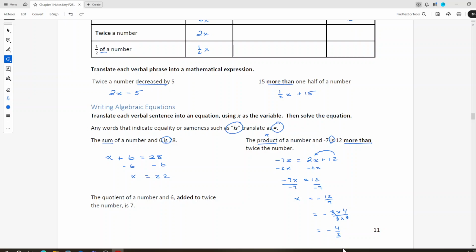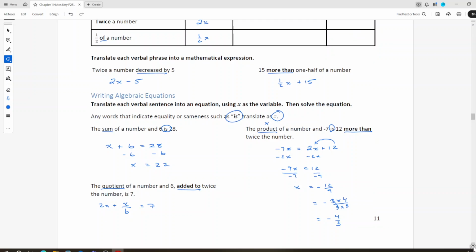And then lastly, the quotient of a number and 6 is added to twice the number is 7.